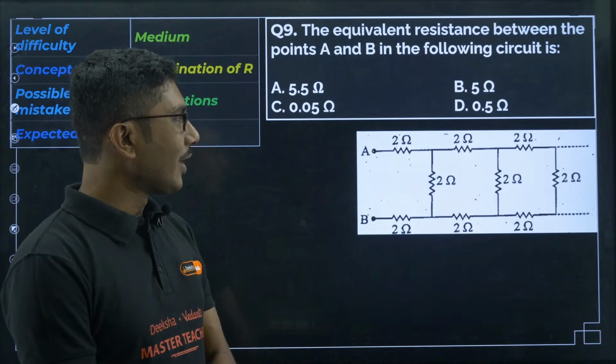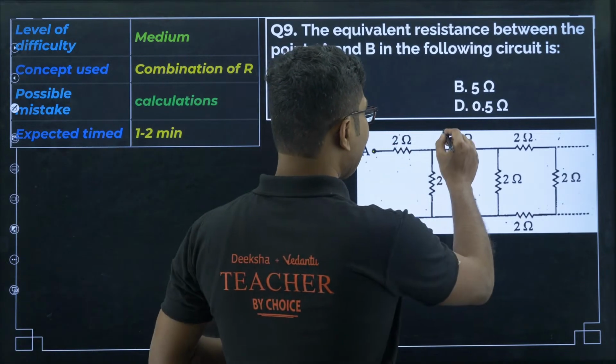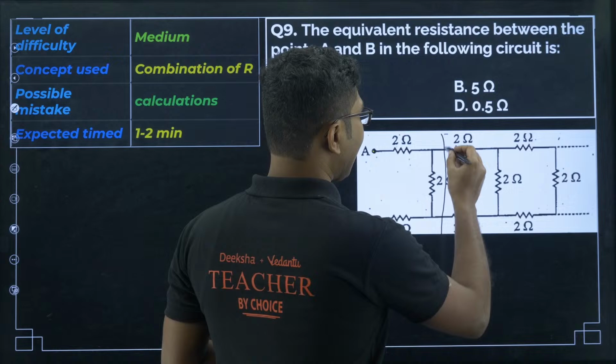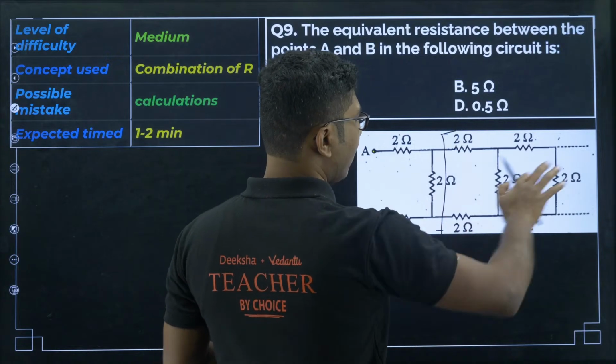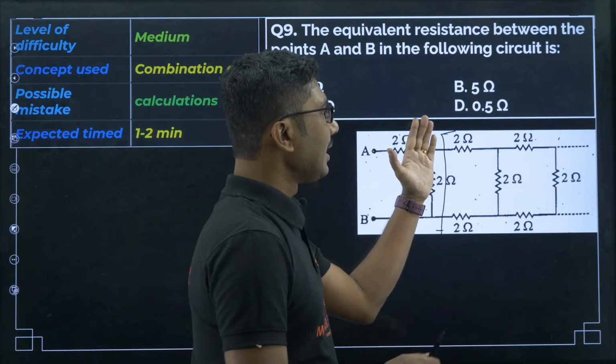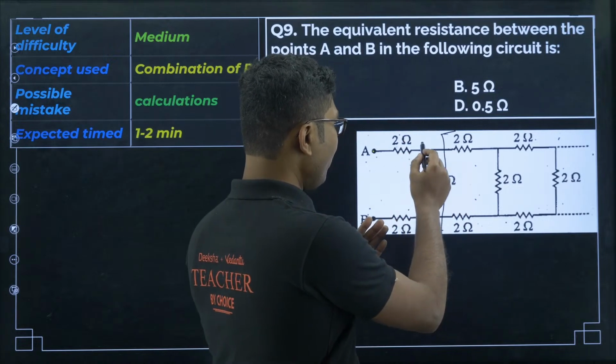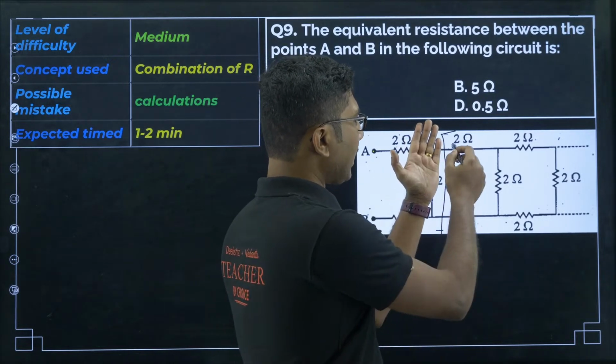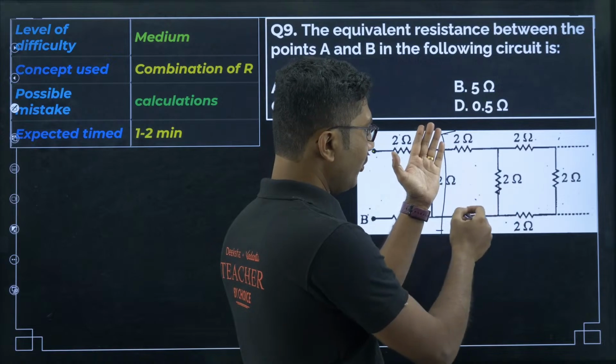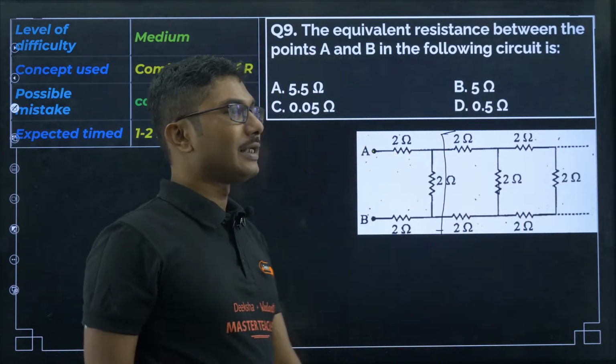Now, what is that? First, if we cut this circuit from here, and if we look from here on, if I remove this part, you will see that again the same 2 ohm, 2 ohm, 2 ohm, and then the same things are repeating again.